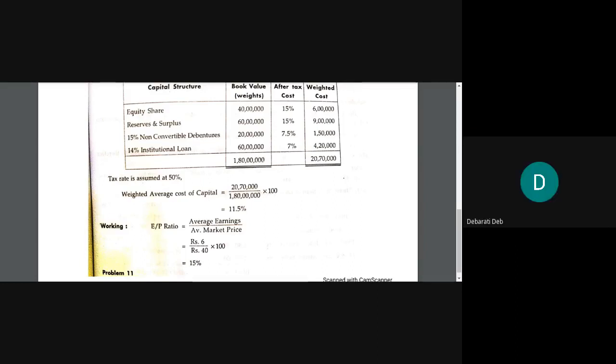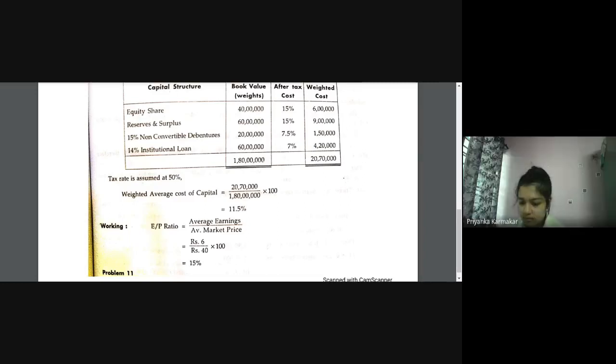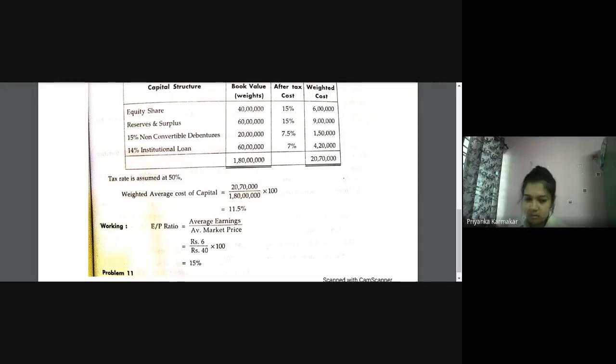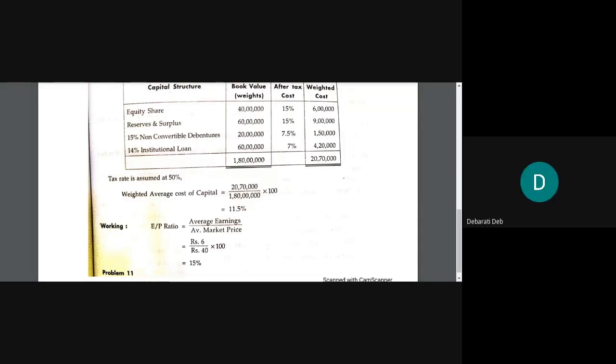When tax rate is given, that is for tax rate, no? Yes, ma'am. Okay. If you remove that part, what is the formula? Earnings per share by market price. Am I correct? Yes, ma'am. Yes. So you will use that formula, EP by MP.